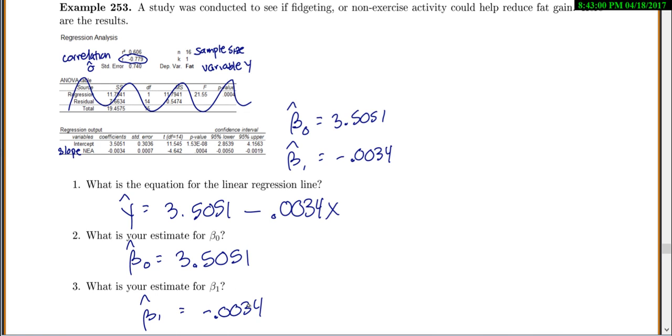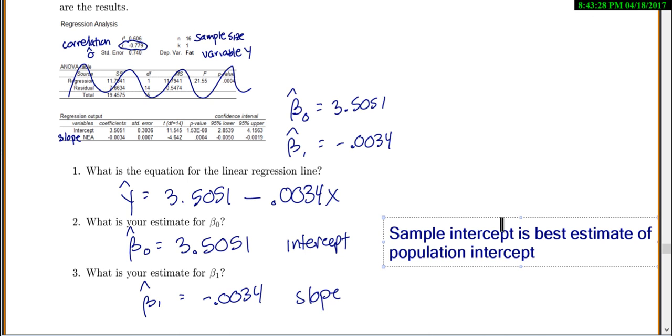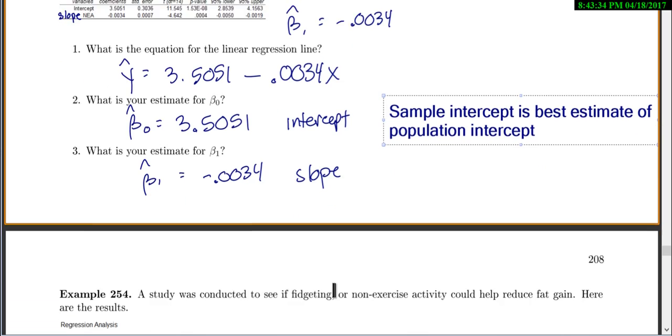So our sample slope is our best estimate for population slope. So this one's intercept, slope. So I'm just going to make a note here of what I've been saying. That our sample intercept is our best estimate of our population intercept. And here our sample slope is our best estimate of our population slope.